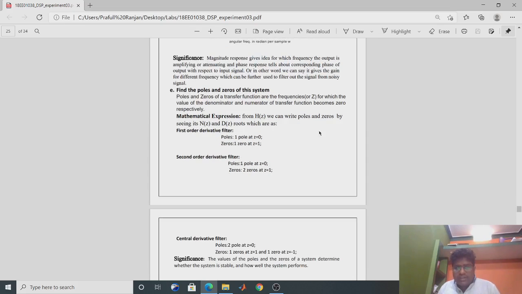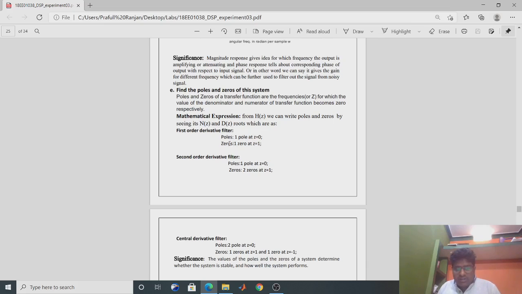So find the poles and zeros of the system. After finding the roots of the numerator and denominator in z, we can get the poles and zeros.